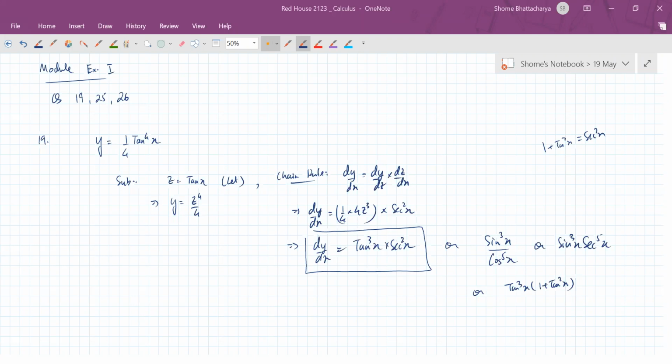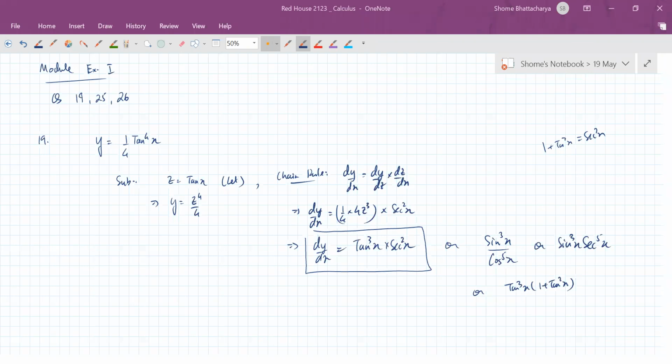Sir, I have taken out the derivative of tan raised to 4x first and then directly proceeded for the quotient rule. Quotient rule, like the product rule, the quotient rule. Achha, sin to the power 4 divided by cos to the power 4.